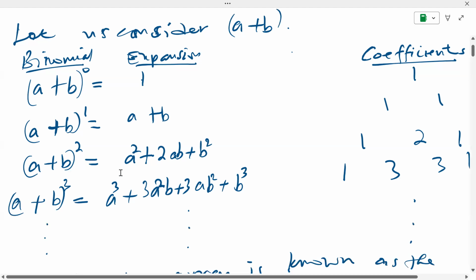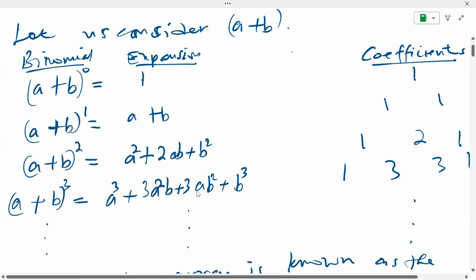And then we put the coefficients there. Now, if you look at this, we have (a plus b) all cubed, so we follow the same trend. So a will pick the highest power, a cubed, with b raised to the power 0. And then we have a squared, and we introduce b raised to the power 1.